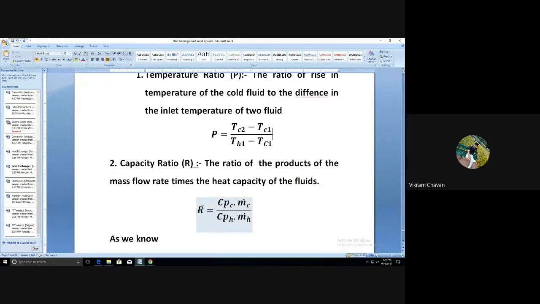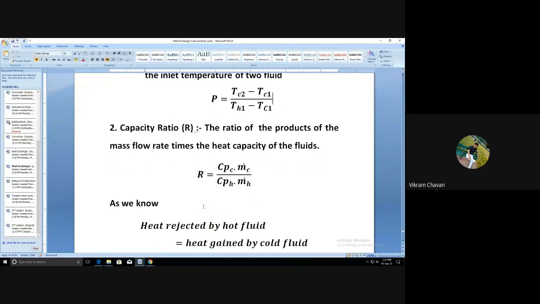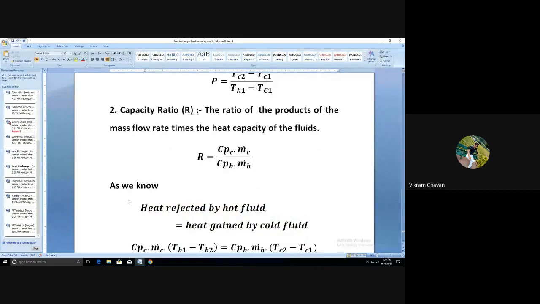Now we know that the heat gained by the cold fluid is equal to the heat rejected by the hot fluid.